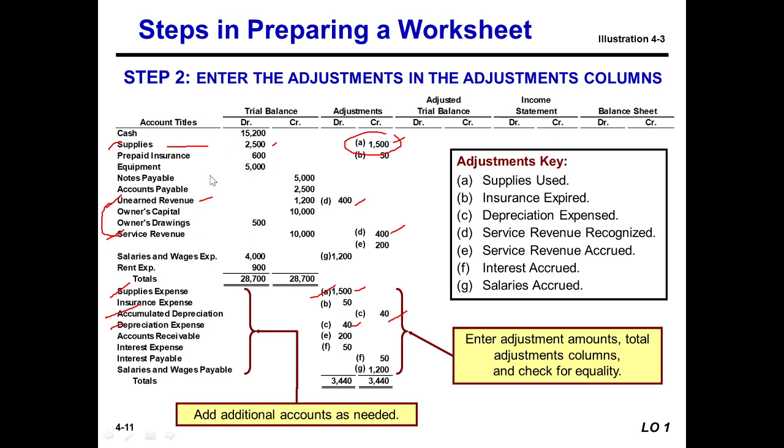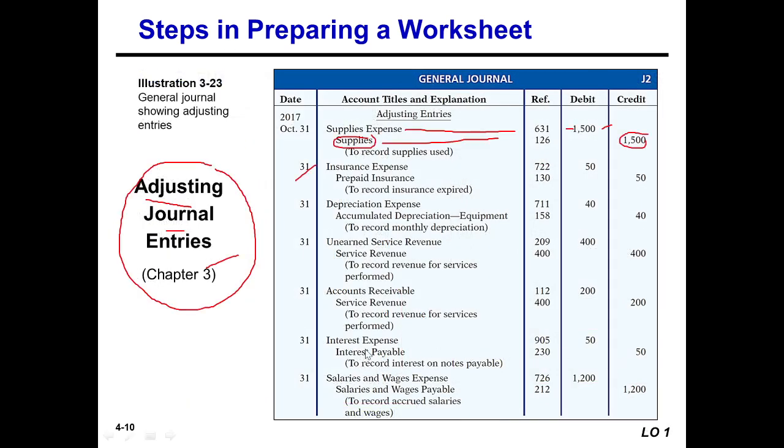We have no accounts receivable title here, so we have inserted this accounts receivable here. This is the accounts receivable 200, this is the debit, and service revenue 200, this is the credit. Now interest expense, interest payable 50, 50.